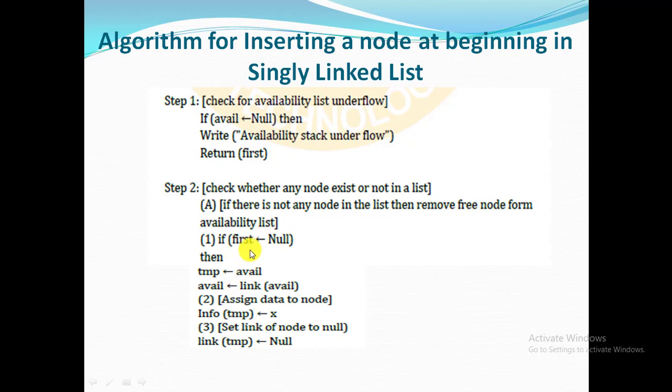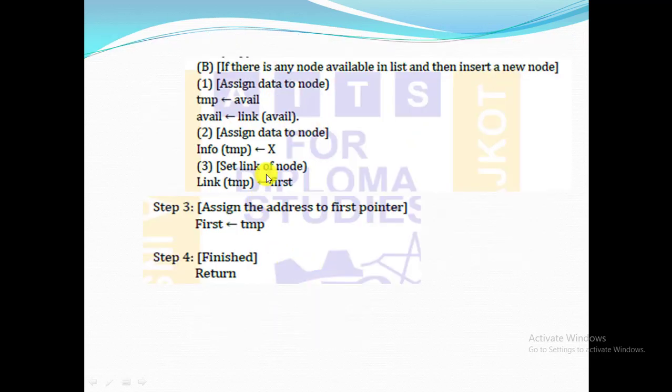That means if first is equal to null, then TMP is equal to oval, oval is equal to link of oval. Assign data to the new node, that is info of TMP is equal to x. X is the element which has to be inserted. Then set link of node to null, that is link of TMP is equal to null.